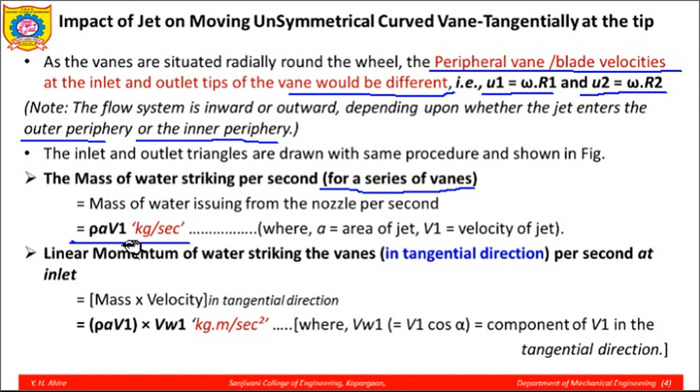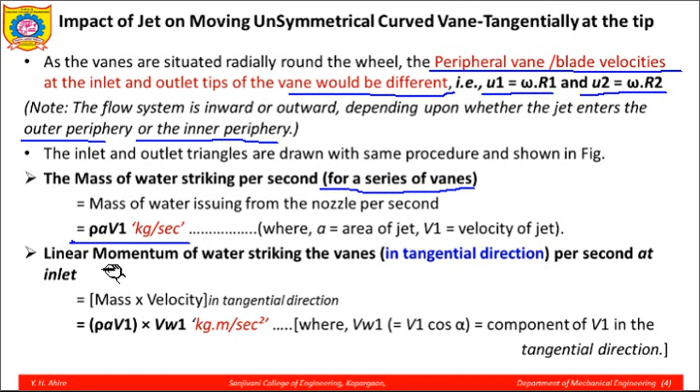But the velocity here is the absolute velocity of water at the inlet, so that is V1 for the case of a series of vanes. If it is a single moving vane, then the velocity is taken as VR1 in the calculation of mass flow rate. The unit will be kg per second.